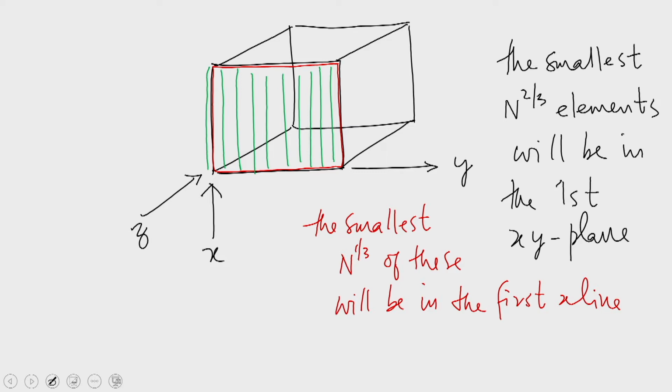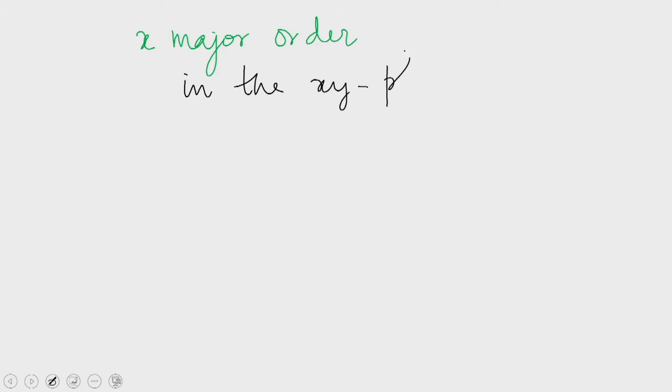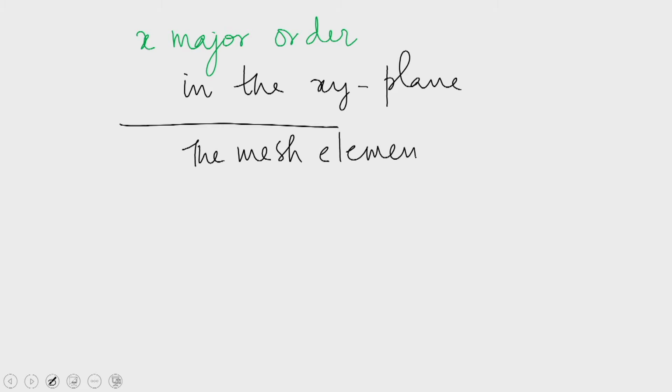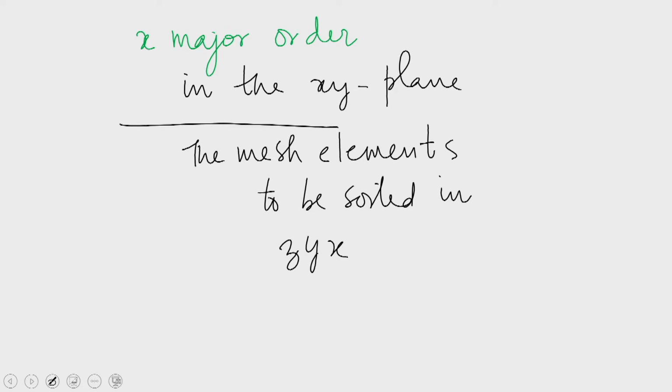So, in the first xy plane, we want the elements to be sorted in x major order. In general, we want the elements in the mesh must be sorted in the z, y, x order.